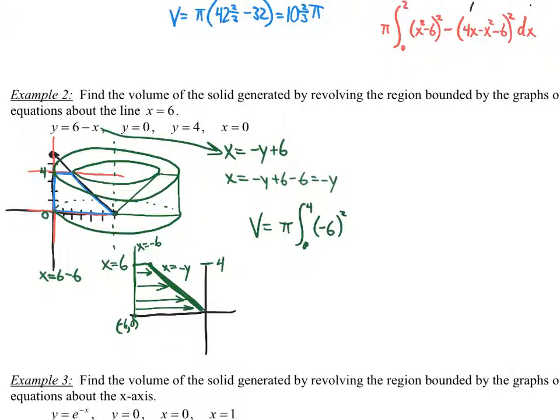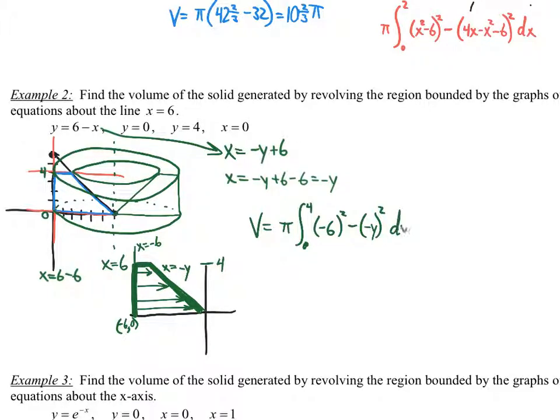That's going to be our outer shell, because that's this side over here. So we have that vertical side right there, minus the negative y squared, because that's going to make the inside of this 3D object.